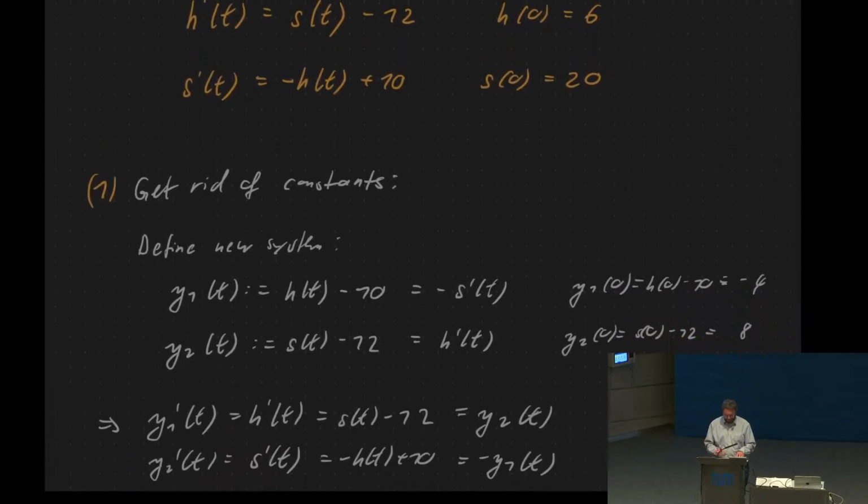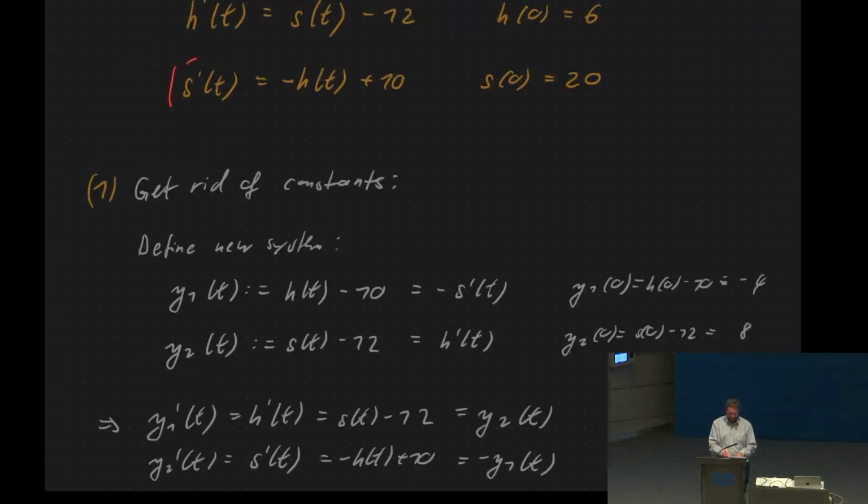Right? And if you look at that, so number of hawks minus 10, well, that means this here is basically minus y1. So minus y1 is equal to s prime, or in other words, y1 is equal to minus s prime.